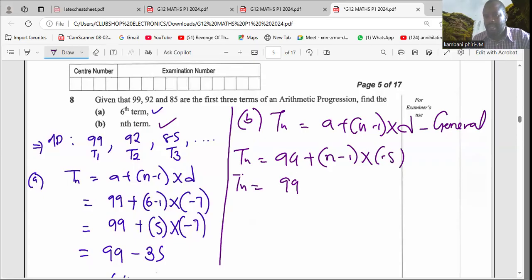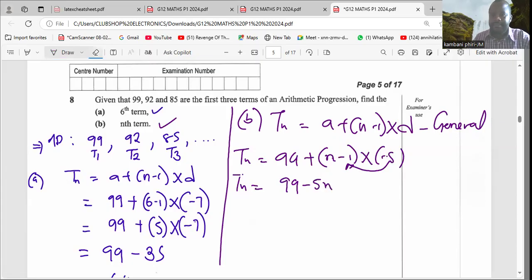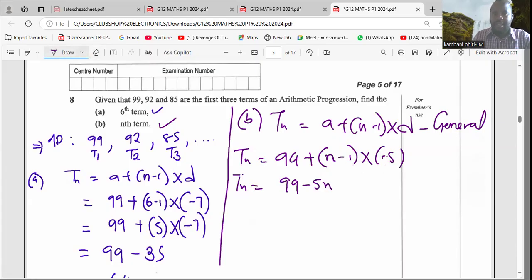Now, you can begin to distribute this negative to this. So -7 by n, -7n. Then -7 by -1, that is +7. So what does it mean?